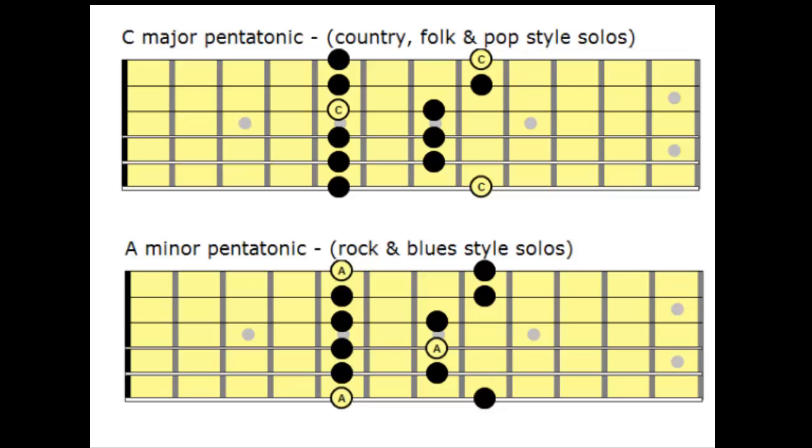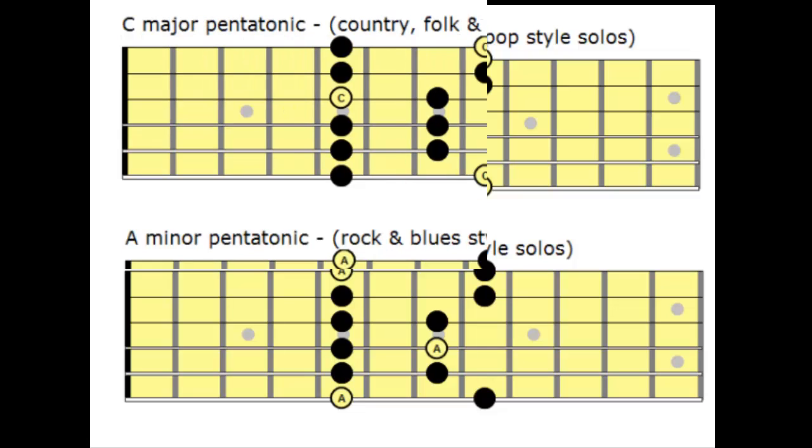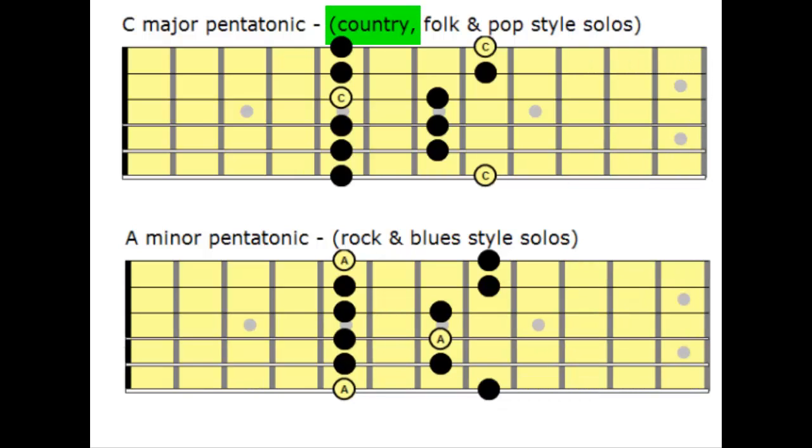For example, you may be playing a country song in the key of C, and the very next song in the program might be a rock song in the key of A. Now in that case you could stay in the one position on the guitar. The C major pentatonic scale would work well for the country song, and the A minor pentatonic scale would work for the blues song or the rock song.